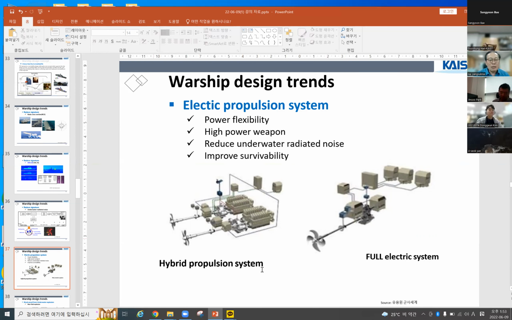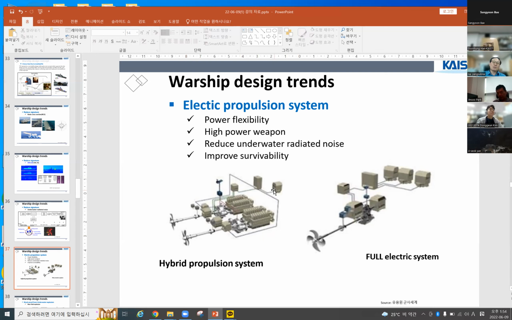As you can see, the hybrid propulsion system has propulsion engines and a generator. For high speed, they connect the propulsion engine, gearbox, shaft and propellers.